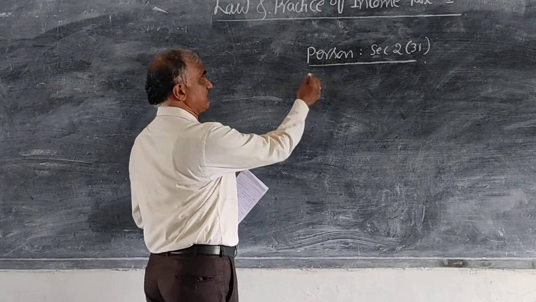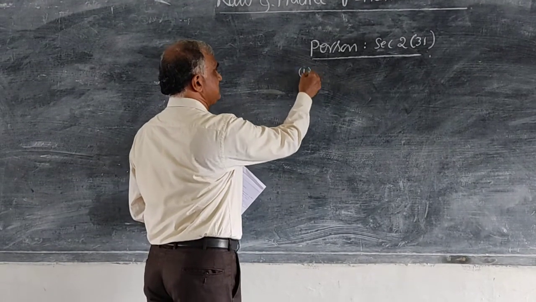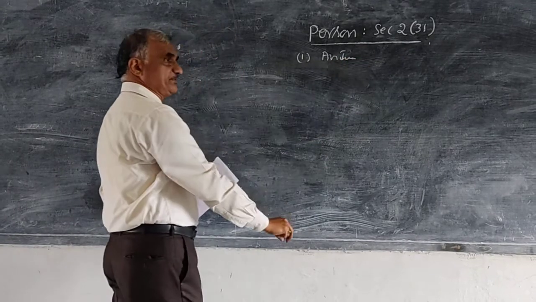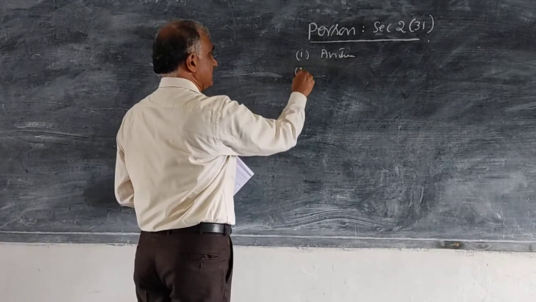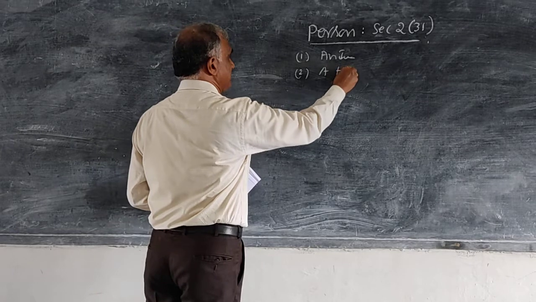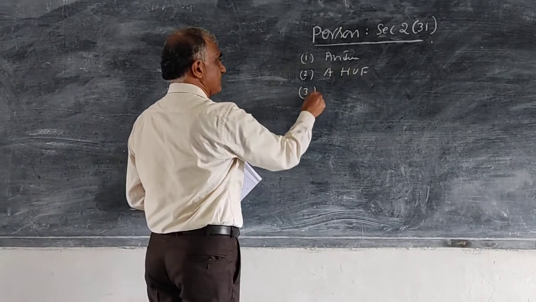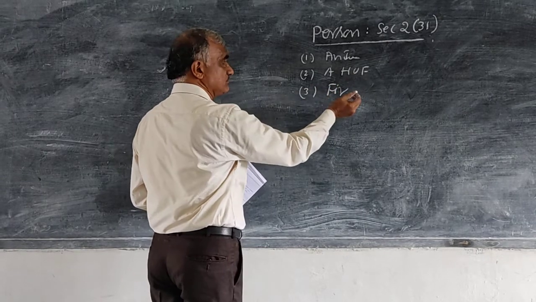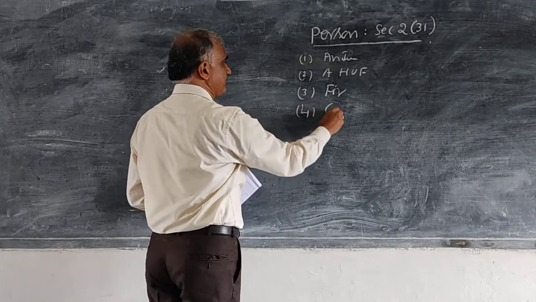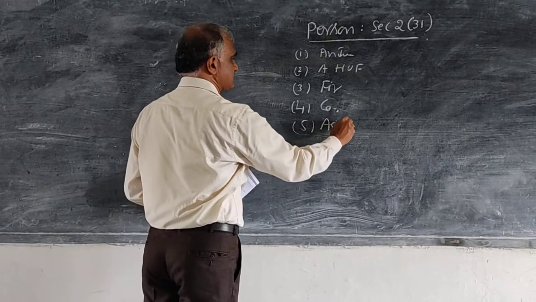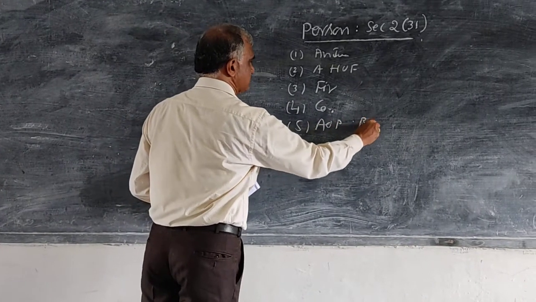As per section 2(31), the first entity is an individual. An individual is a person. Second one, a Hindu undivided family. Then third one, a firm. Then fourth one, a company. Number 5, an association of persons or body of individuals.